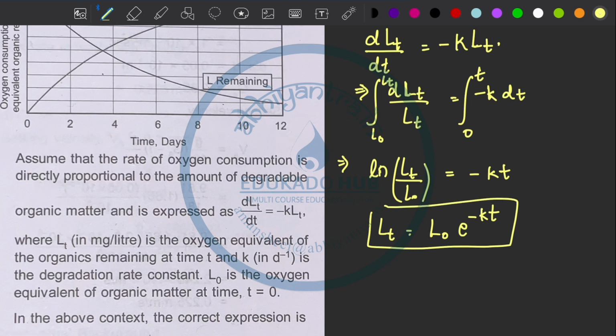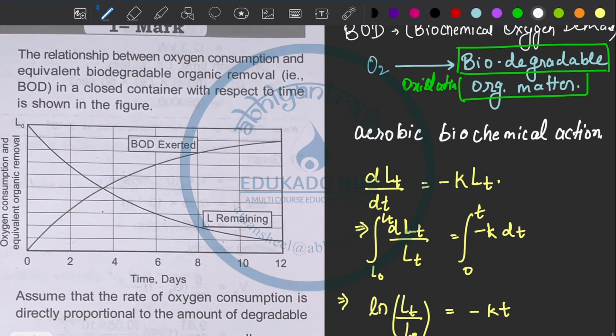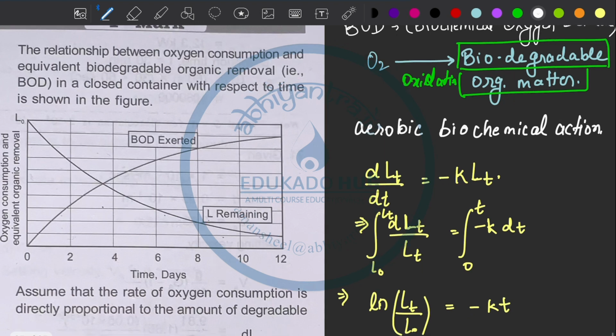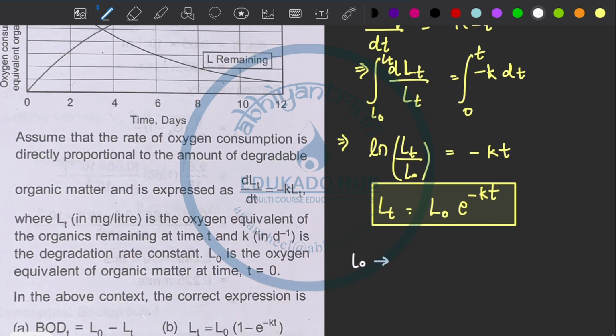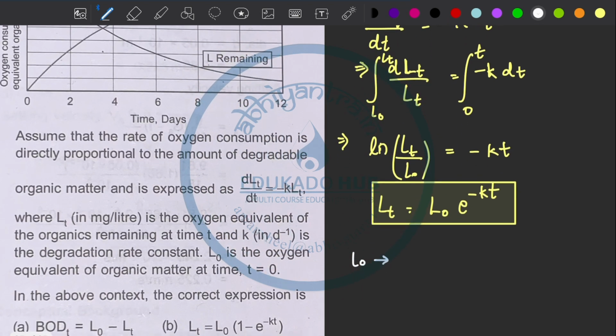And what is Lt? See, what is L0? L0 is the biodegradable organic matter which was present at time 0, means at the time when we started observing, or at time 0 we also say that.